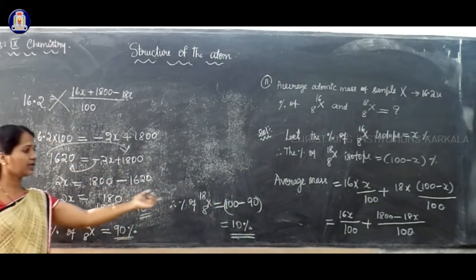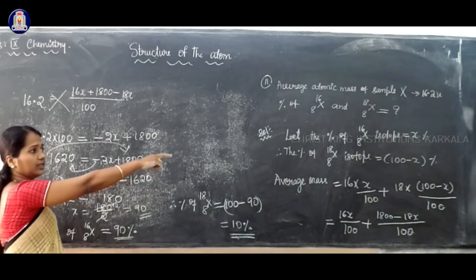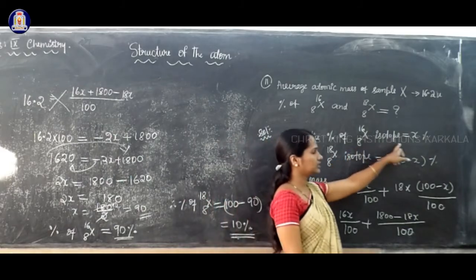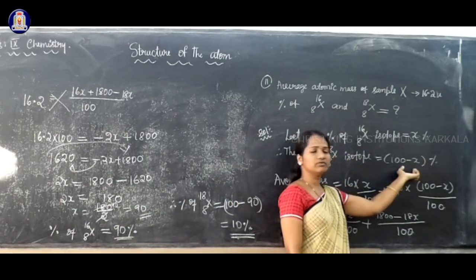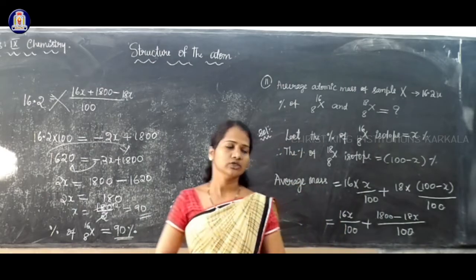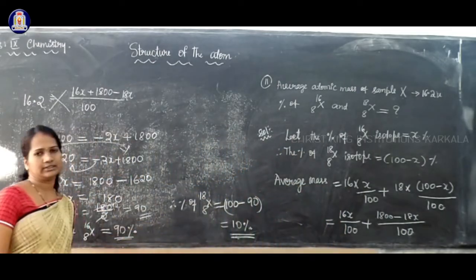When you subtract this from 100, because in the beginning itself we have taken the first isotopic form percentage as x, the second one will be 100 minus x, because we are calculating for 100. So the answer will be 10%.